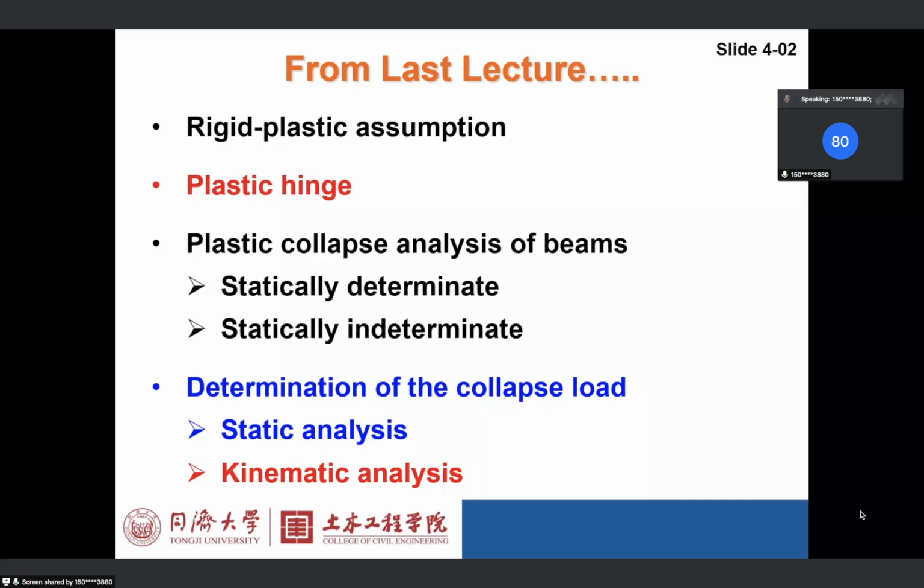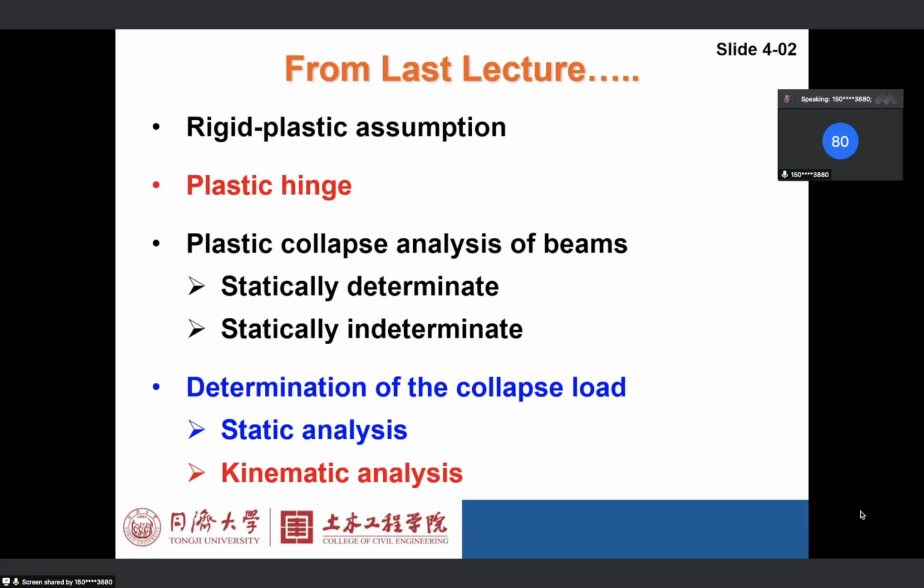Okay, and then we introduced a very important method, called the kinematic analysis method, to determine the collapse load of, say, a beam. The basic concept is that the work done by the applied load equals the internal energy dissipation, or energy absorbed by all the plastic hinges.